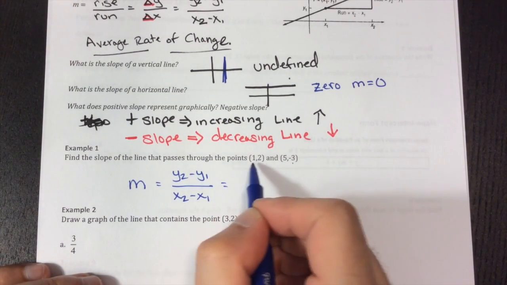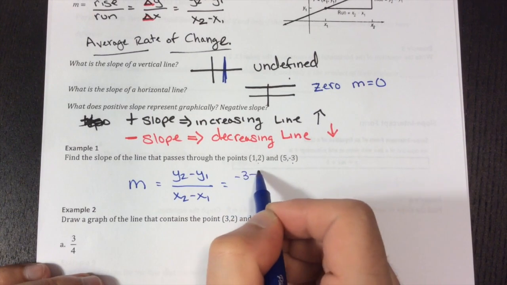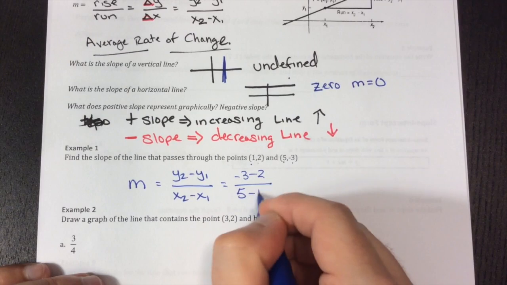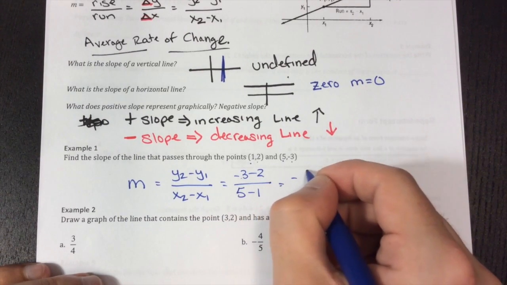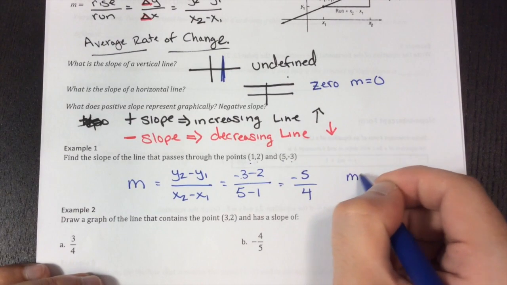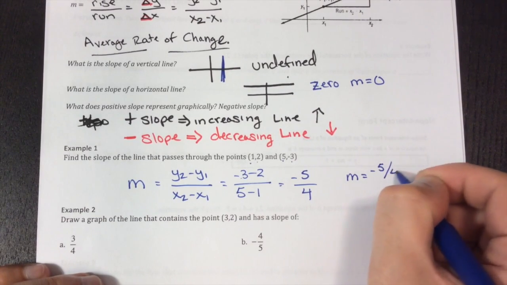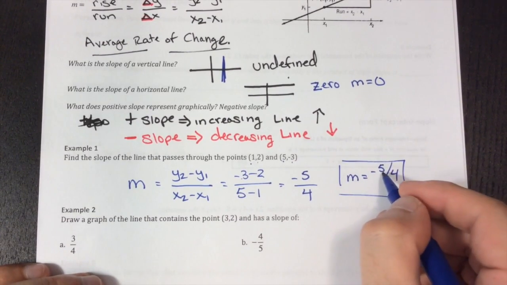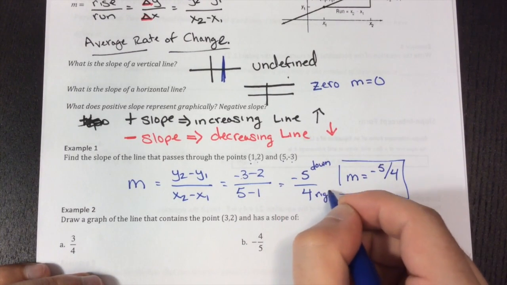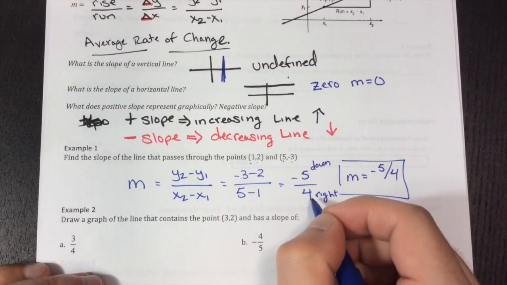So it's negative 3 minus 2 over 5 minus 1. Negative 3 minus 2 is negative 5. 5 minus 1 is 4. So our slope is negative 5/4, which means we go down and right. Down 5, right 4.